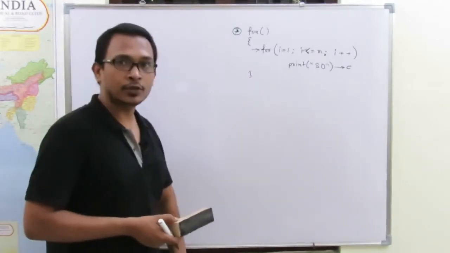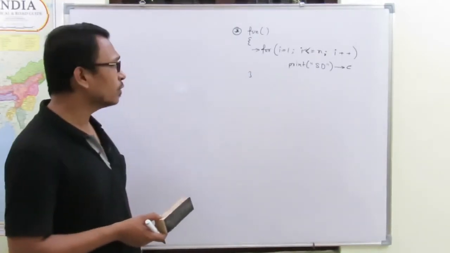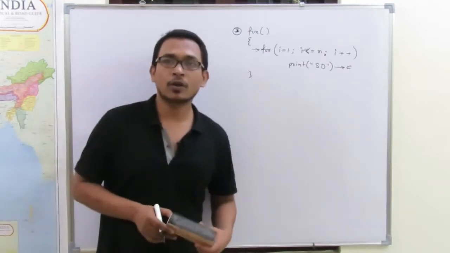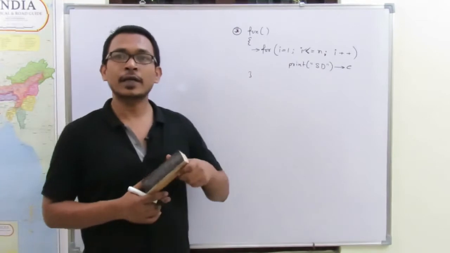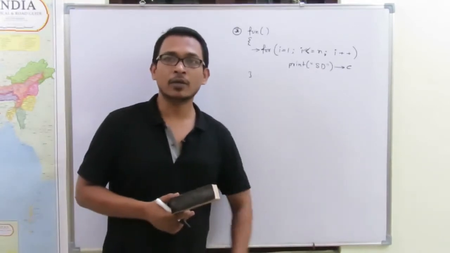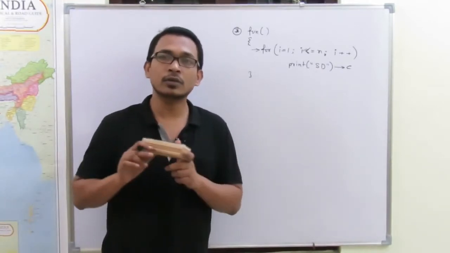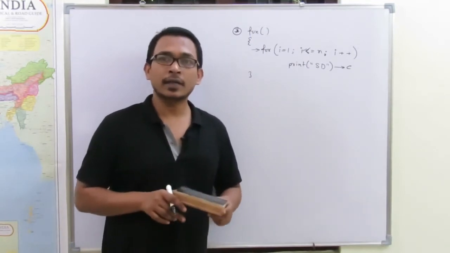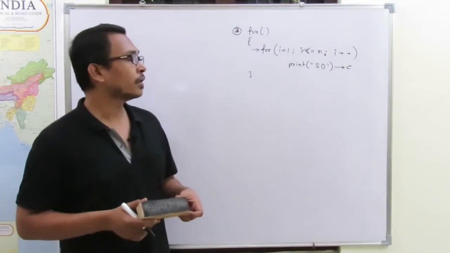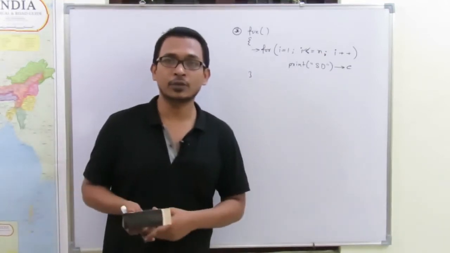To find the number of iterations of any loop, we can use whatever information is given in that particular loop itself. Using that information, we can find the number of iterations that the loop will execute. Clear?